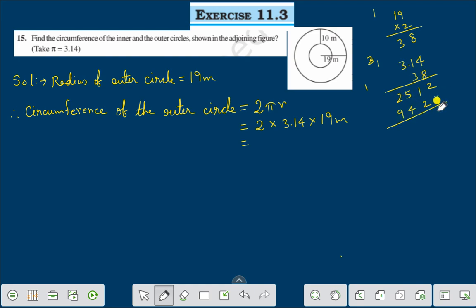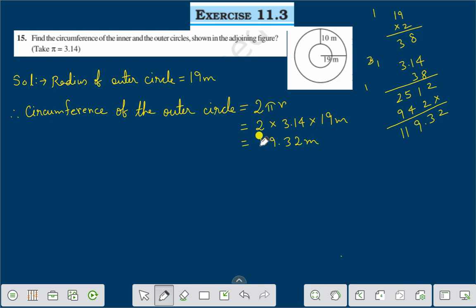If we add, this is 2, 2 plus 1 is 3, 5 plus 4 is 9, 9 plus 2 is 11, right? And put the point after 2 digits. That comes to 119.32 meter. This is the circumference of the outer circle.